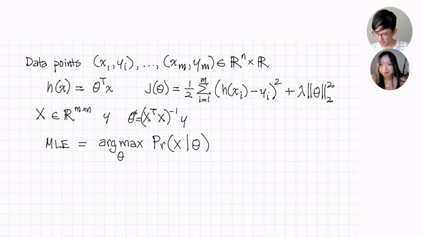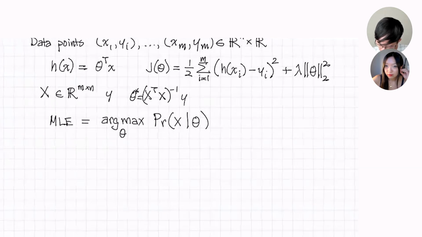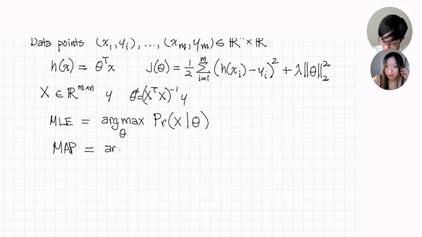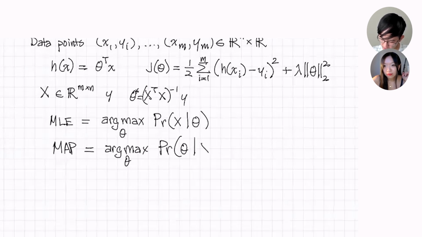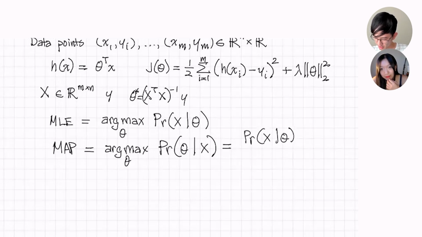I think the clearest way to see this is, I'll just go with the whiteboard again. In MLE, we're trying to find theta that maximizes the probability of seeing x given theta. And then in MAP, we're trying to maximize the probability of theta given x. So this is just another reasonable way to say we want the right theta. But by Bayes' rule, this is the probability of x given theta times the probability of theta over the probability of x.